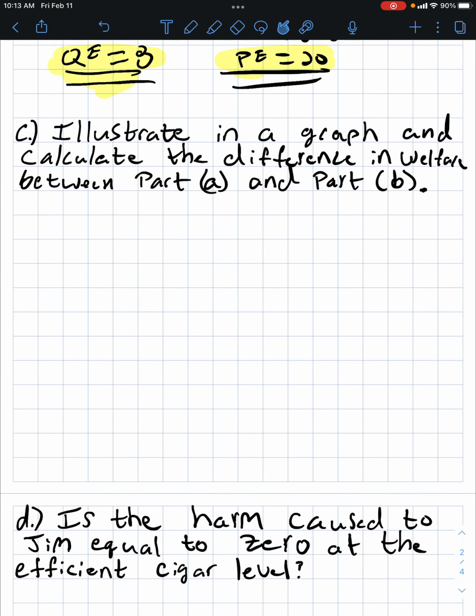Now part C, illustrate in a graph and calculate the difference in welfare between part A and part B. We can draw the graph first, then calculate the change in welfare. We have our x-axis as quantity and our y-axis as price.